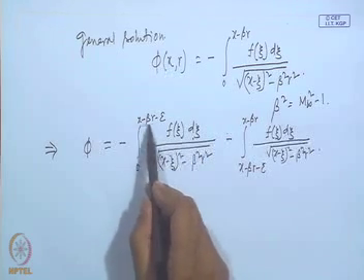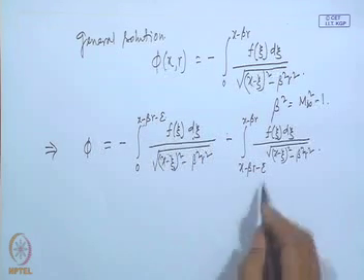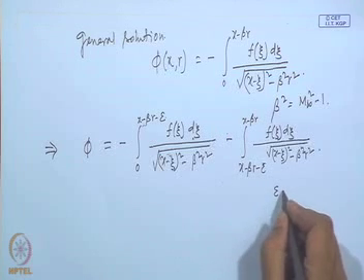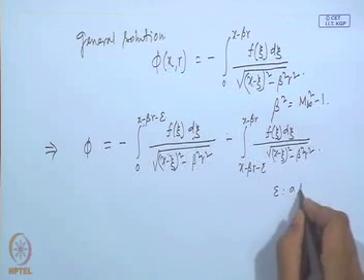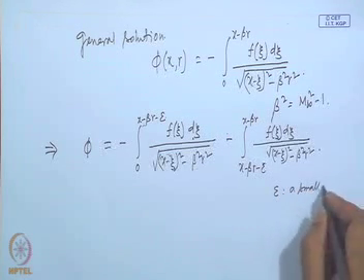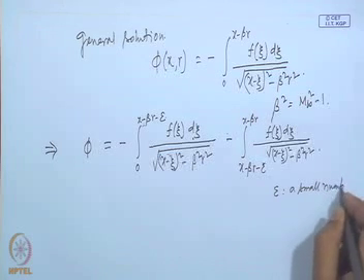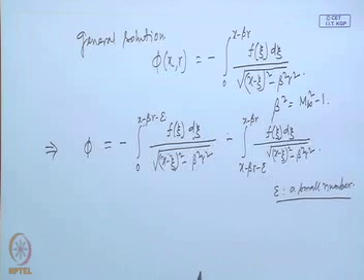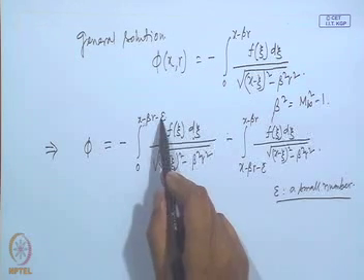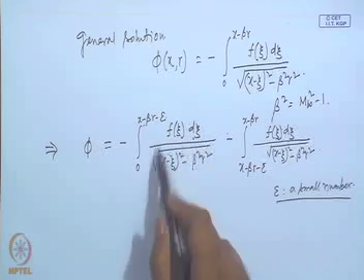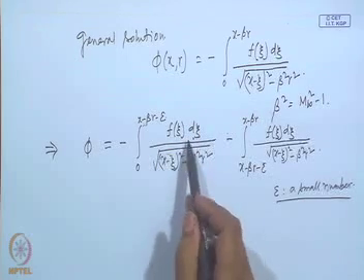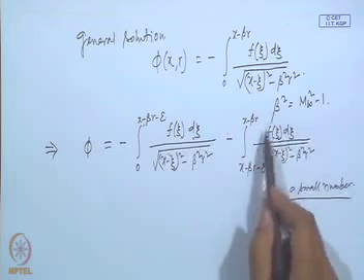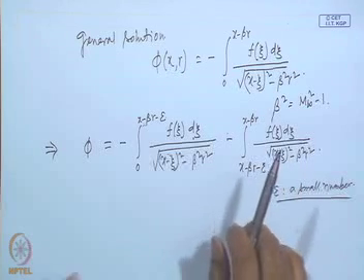We have reduced the upper limit by a small number epsilon, so that there is no singularity in this integrand. However, in the second part the singularity is still there.